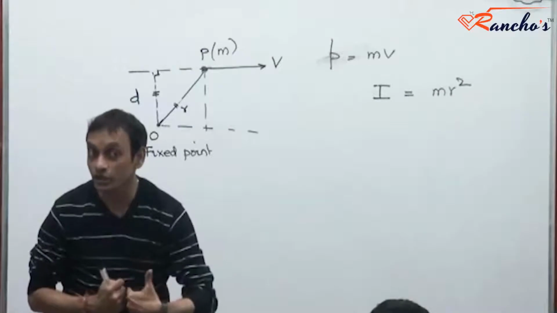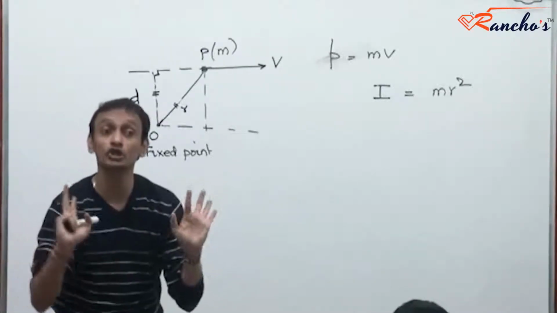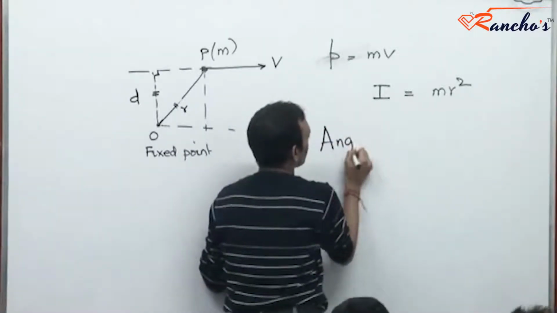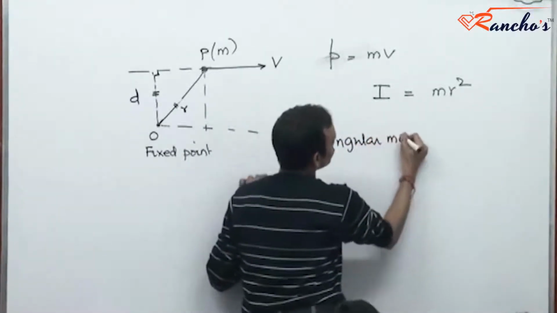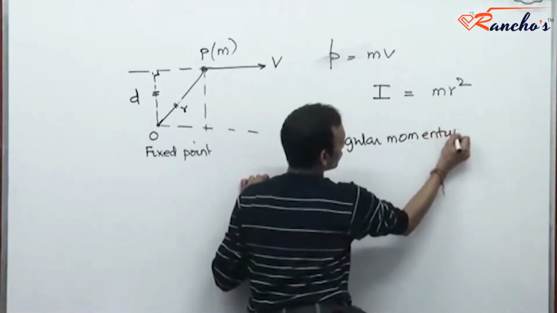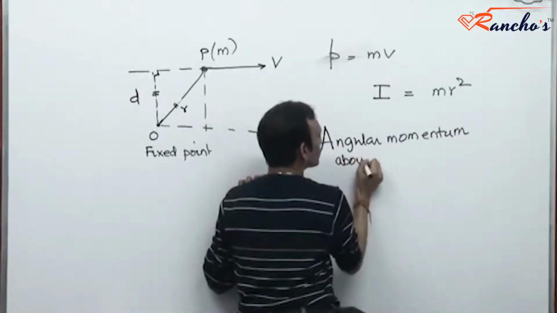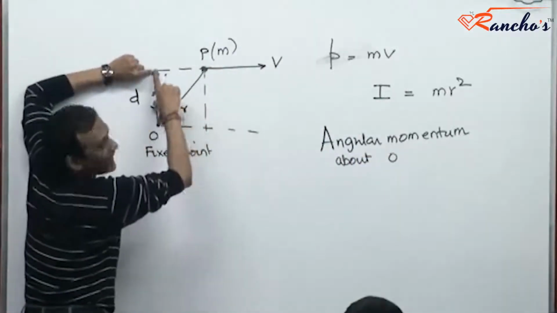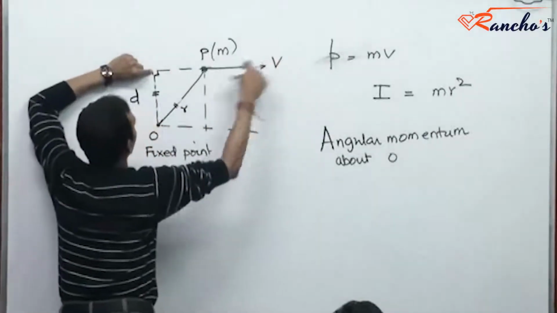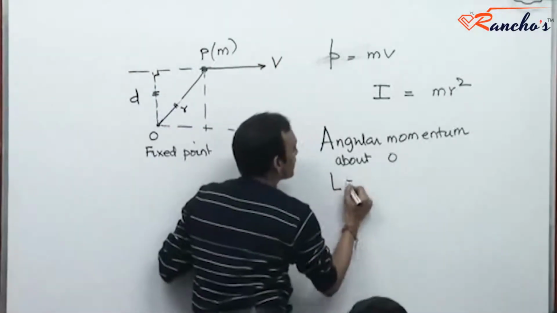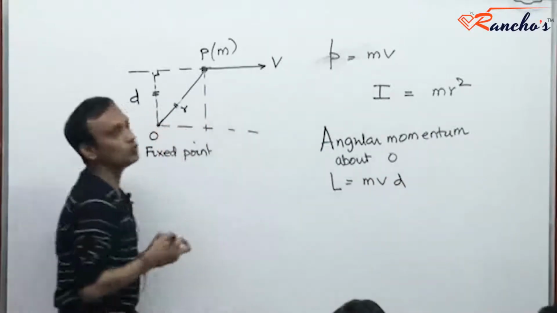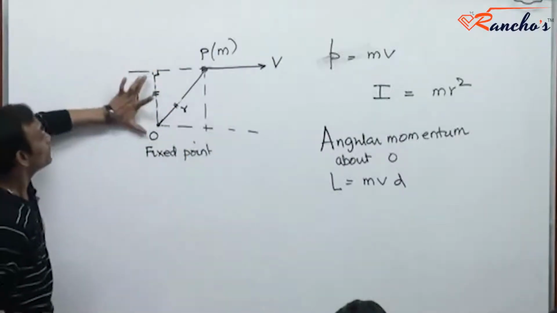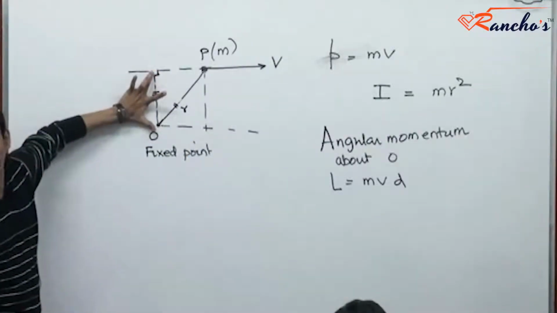In addition to having a linear momentum, we have what's called an angular momentum about O, which would be mv into d, linear momentum into the perpendicular distance of this line of action from the fixed point O, right?